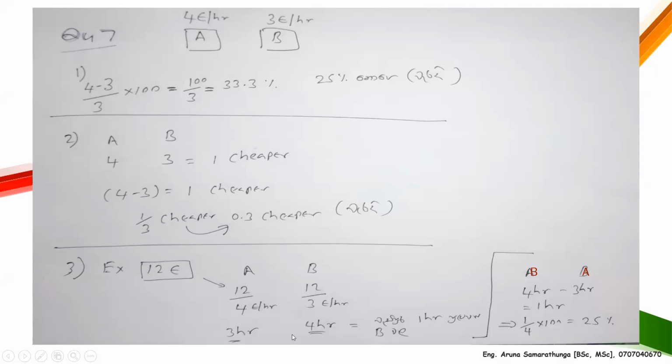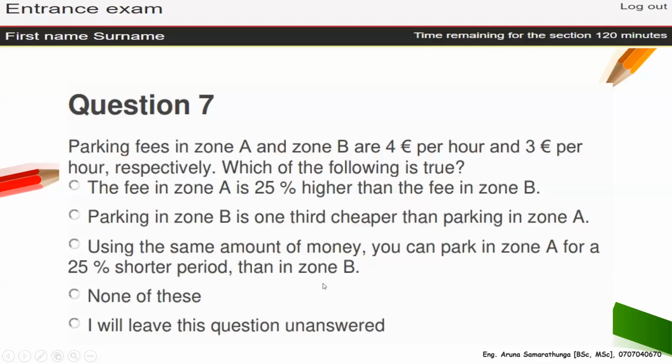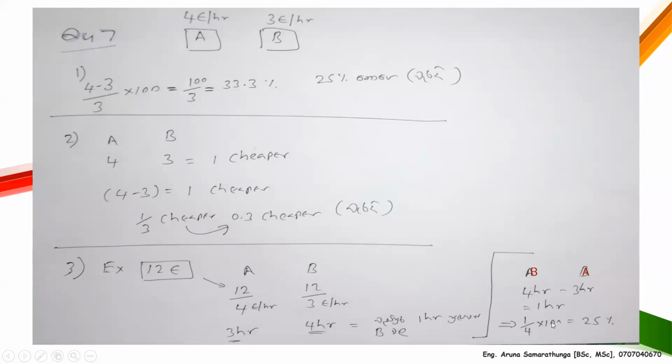Now you know that this is shorter, but what you have to compare with is 4 minus 3, divided by 4, because you have to compare with B. Here the time becomes 4 hours, so you have to divide by these 4 hours. 4 minus 3 is how much longer the parking period in zone B is. So that is 1 hour, and you divide by this 4 because you compare with B. You divide by 4 and multiply by 100, then it becomes 25.